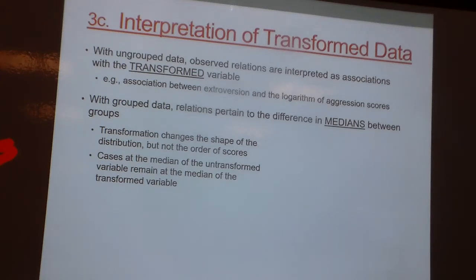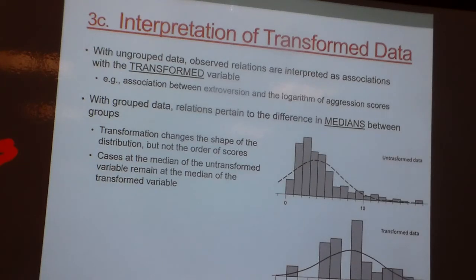It's going to bring everything in so we don't have a huge skew. But in that skewed set, the person who's the median value, exactly the middle score, if it's a sample of 101, the 50 scores above are still the same 50 scores above in the same order, and the 50 scores below are still the 50 scores below in the same order. We're just bringing them in and straightening them out. So the case at the median of the transformed variable is going to be the same case at the median of the untransformed variable. We're just changing the distribution of the actual scores.